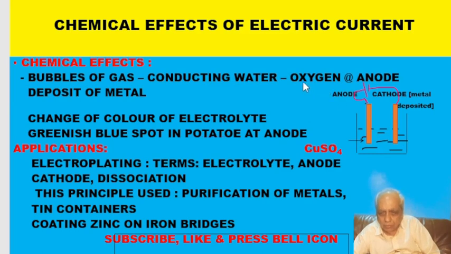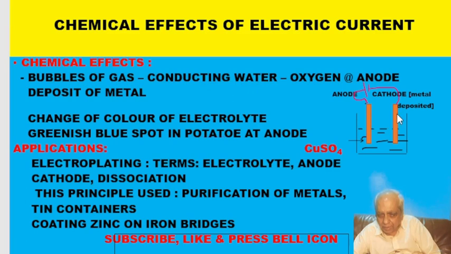So we are doing electrolysis of water. Electrolysis means breaking. So water will split into its constituents. When we pass electric current through water, we will see that gases emerge from both the electrodes.